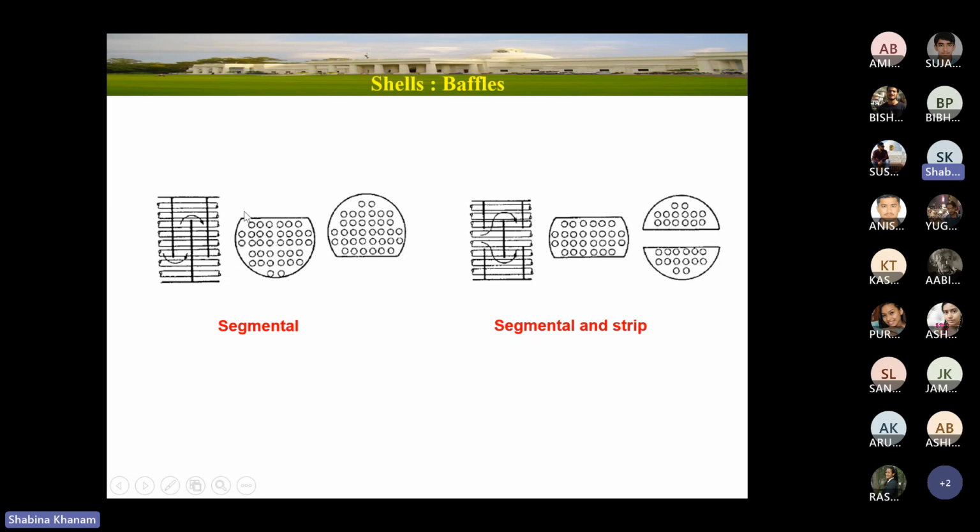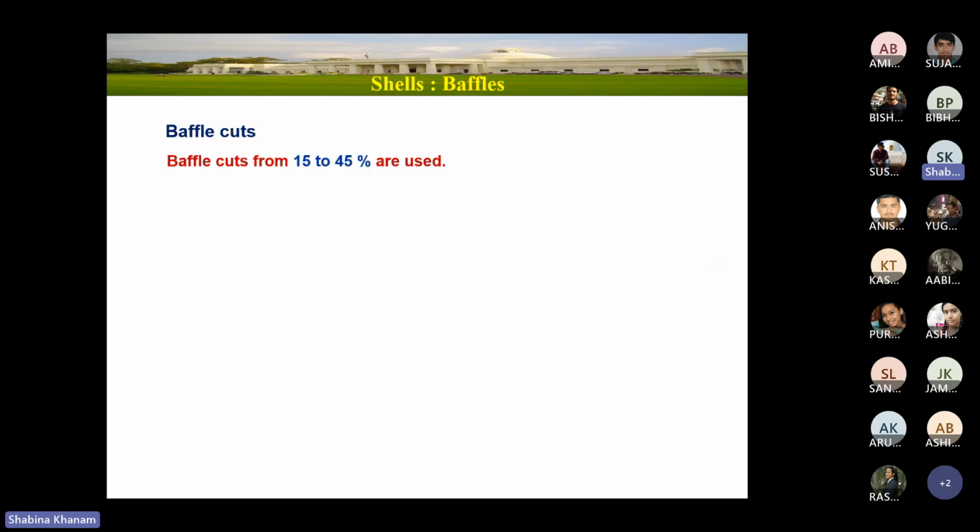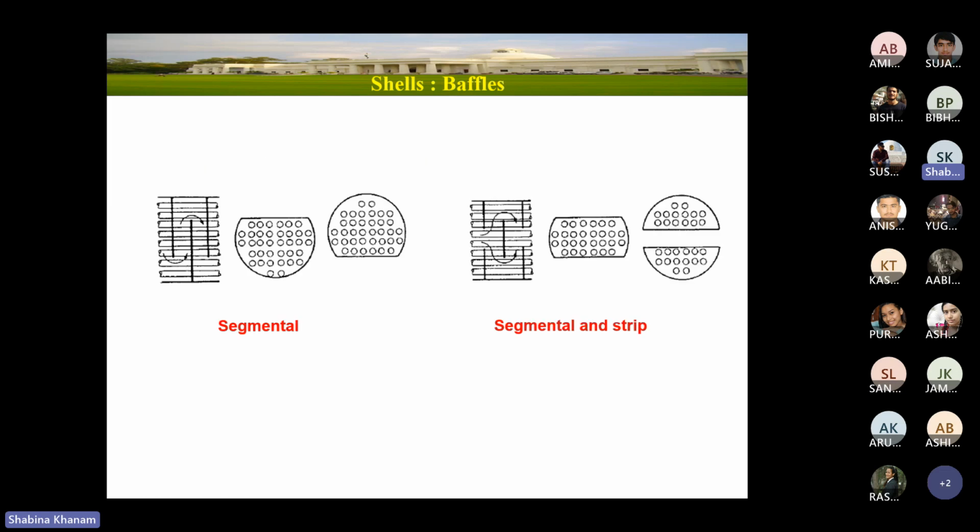Now what will happen with this part? Based on this particular cut part we decide the baffle cut. There is another parameter which we will discuss in this slide. Baffle cut varies from 15 to 45%. What is that baffle cut?